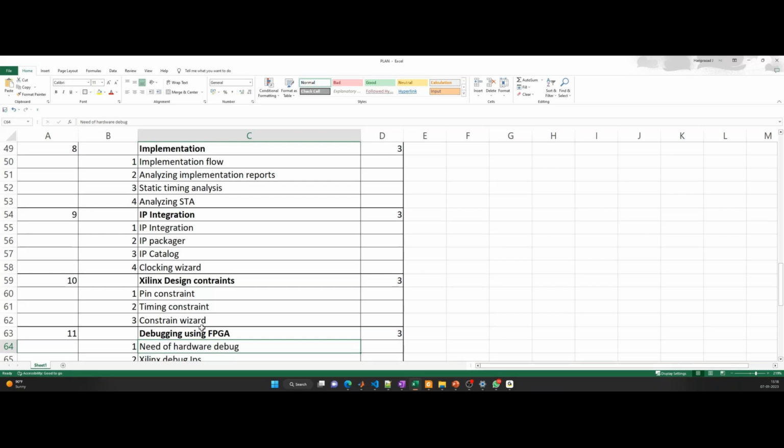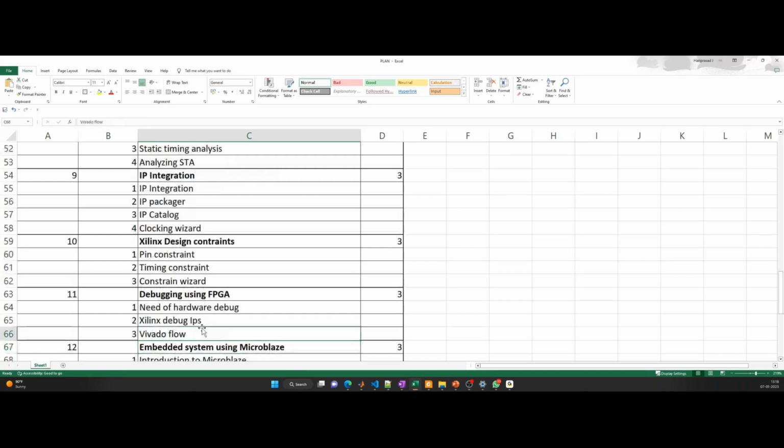And I was mentioning that FPGA is not only chip level, it's system level. Once it is deployed into a system, if you want to analyze how it is working and performing in the hardware, then we need to analyze using some debug probes. So we'll understand how to debug in the hardware itself. The general method is to use oscilloscopes, signal analyzers or spectrum analyzers.